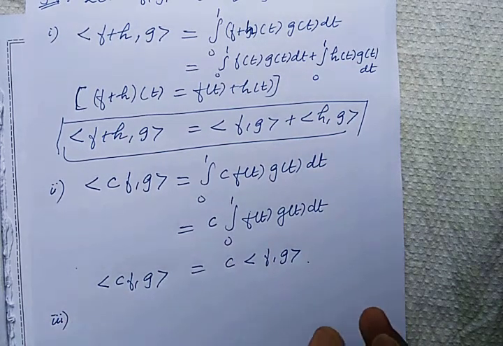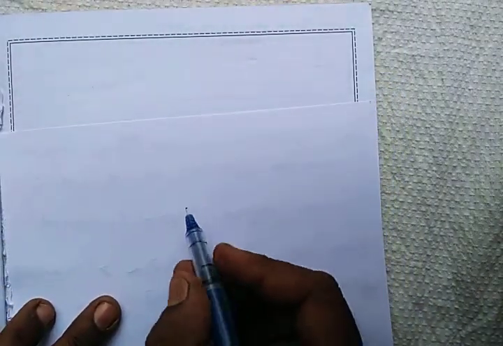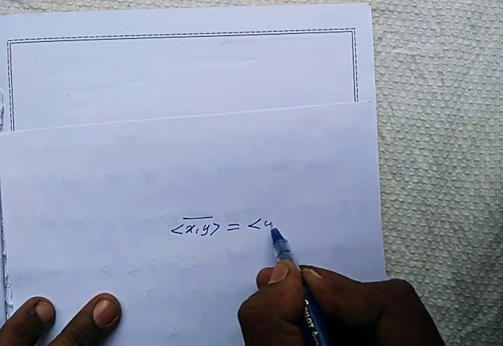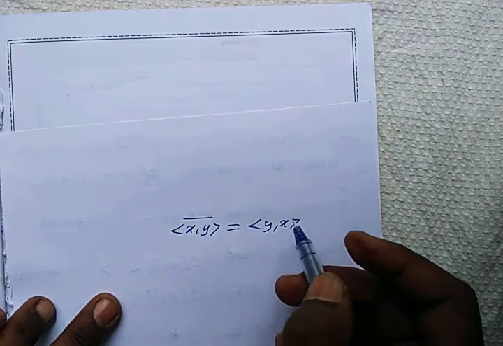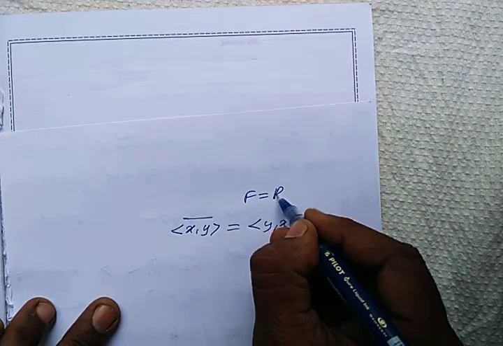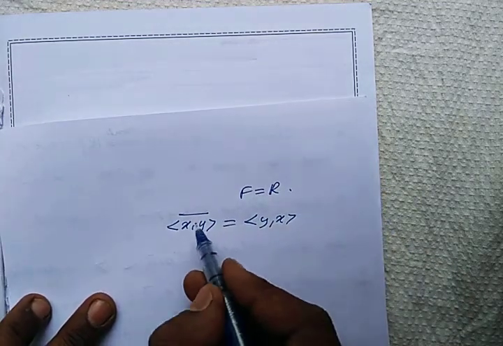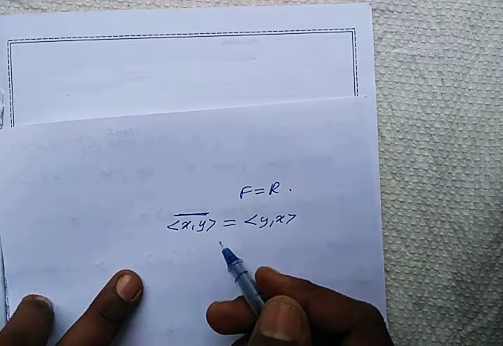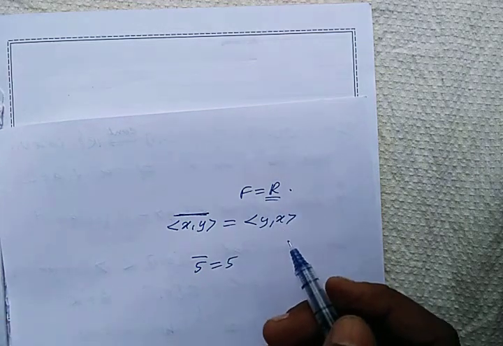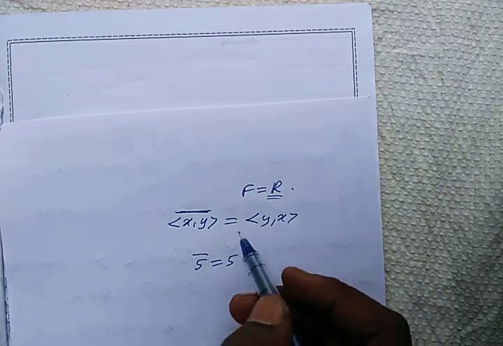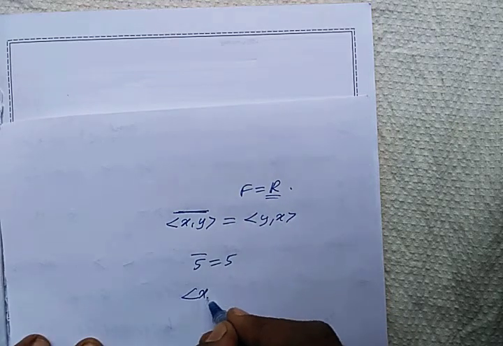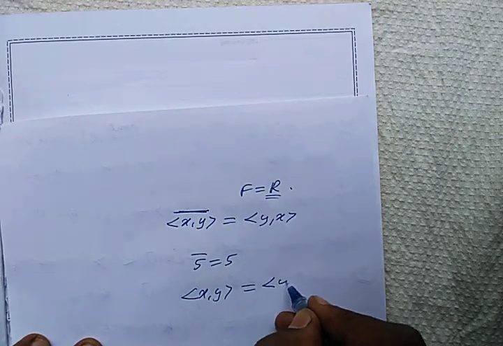Third condition. All of you recall, what is the third condition? The bar of the inner product of x comma y is equal to the inner product of y comma x. Suppose the field is the real number system, F equals R, then this bar does not play a role, because 5 bar is equal to 5 only. If the field is the real number system, then both are the same: the inner product of x comma y equals the inner product of y comma x.